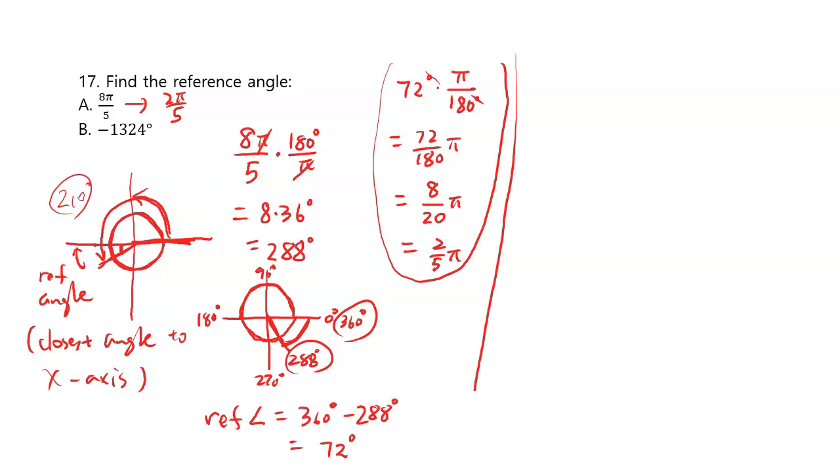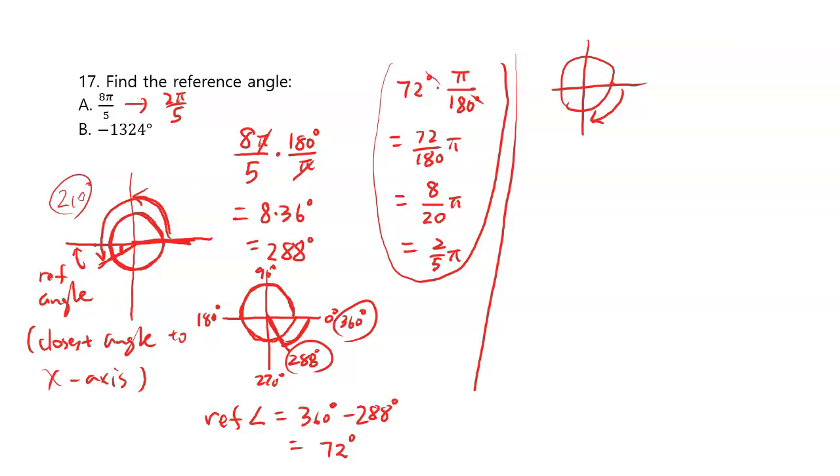Negative 1324. Well, that's a huge angle. What happens there is that if you start from here and you go negative, that means you go clockwise, and you go beyond 360, 360, 360, and at some point you reach some point. Now the thing is, any multiple of 360, if you add it, doesn't change the landing position.